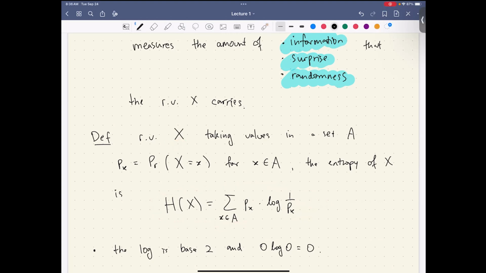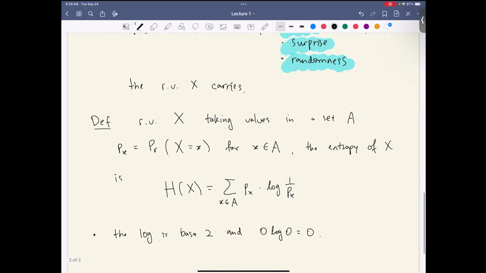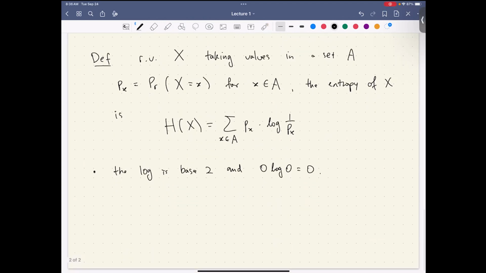So let's consider a coin flip. We have heads and tails, the outcome of the coin.